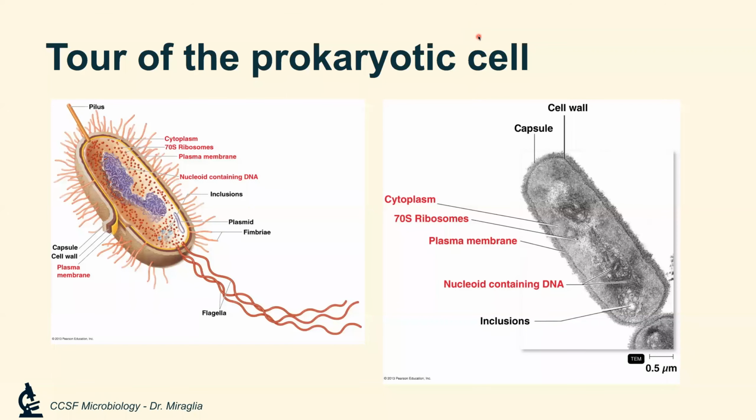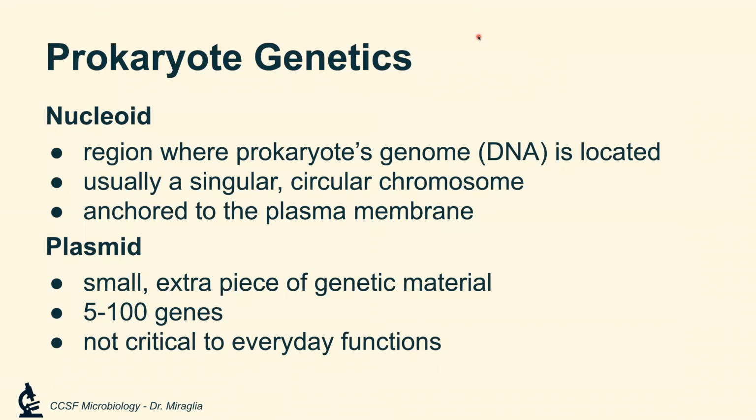Let's start by talking about the genetic material, which is the very inside. When we talk about prokaryotic genetics, we refer to the nucleoid, which is the region where the prokaryote's genome, the DNA, is located. In prokaryotes, the genome is a single circular chromosome.